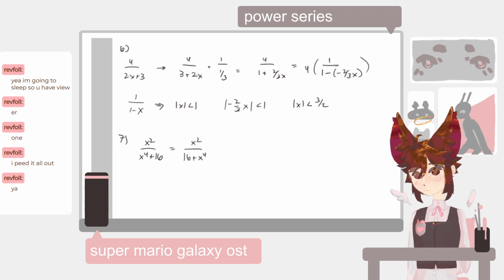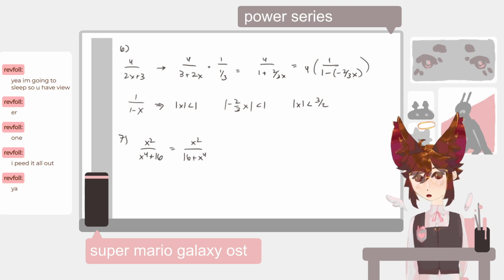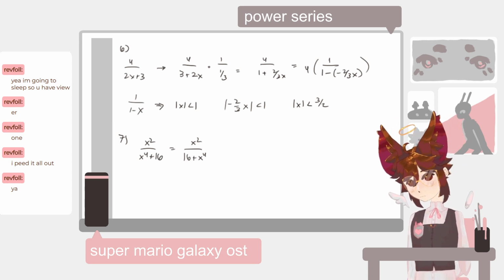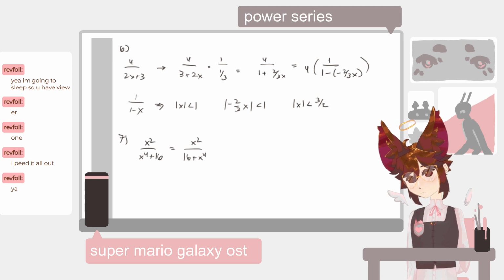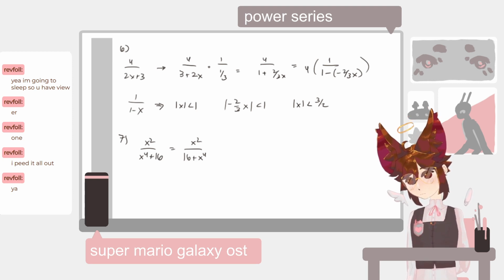Okay, from 7. Wait, what? The radius of convergence of this is infinity? Huh? How? I can't factor an x squared out of it. And if I factored -1, it wouldn't do what I want it to anyway.